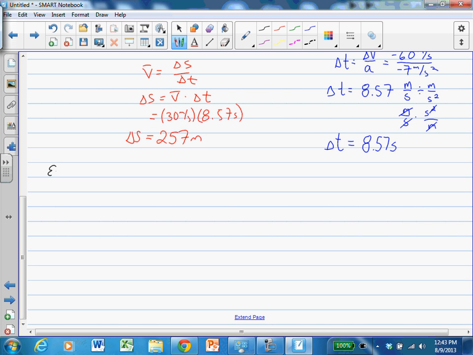In this example, we have a car at a racetrack. Starts from rest. And accelerates forward.